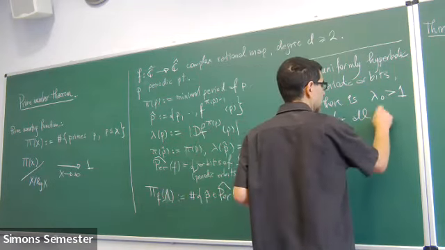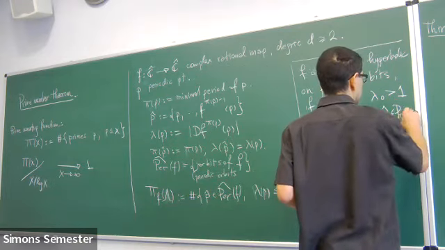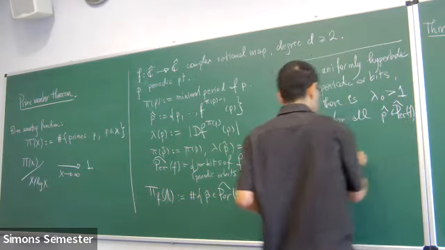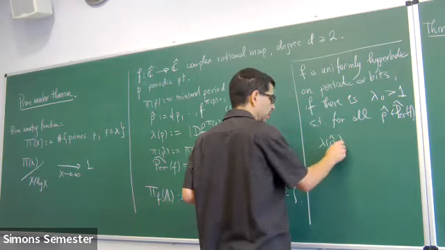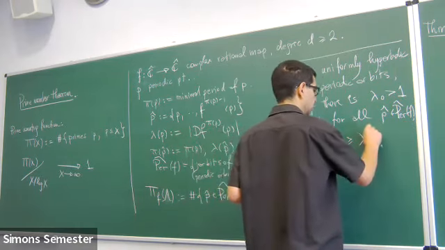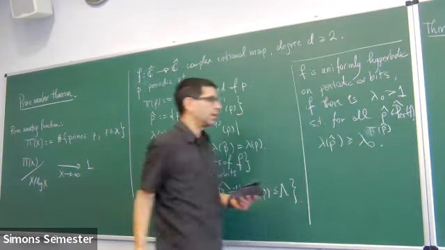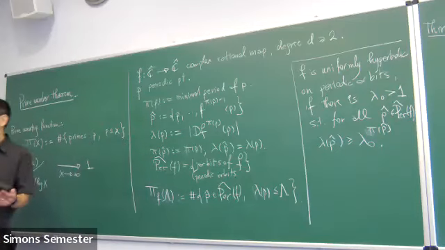for every periodic orbit, the norm of the multiplier is at least lambda to the minimum period.